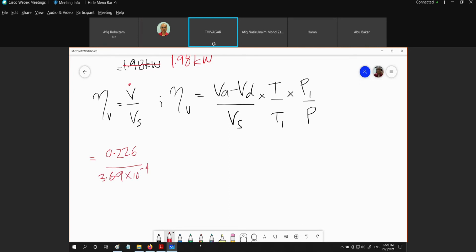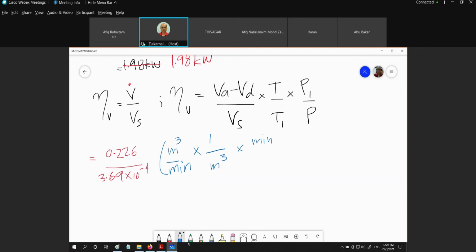Okay so kita cuba tengok kita punya unit analysis. This is meter cube per minute for 0.226. Yang bawah ni adalah meter cube untuk VS. So this 0.226 is meter cube per minute. We have to eliminate the minute. So how to eliminate the minute? Kita kena taruh minit kat atas lah.